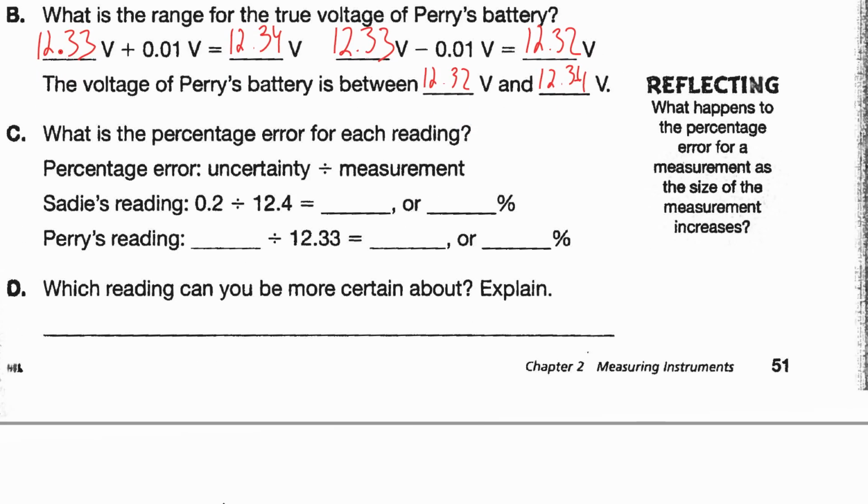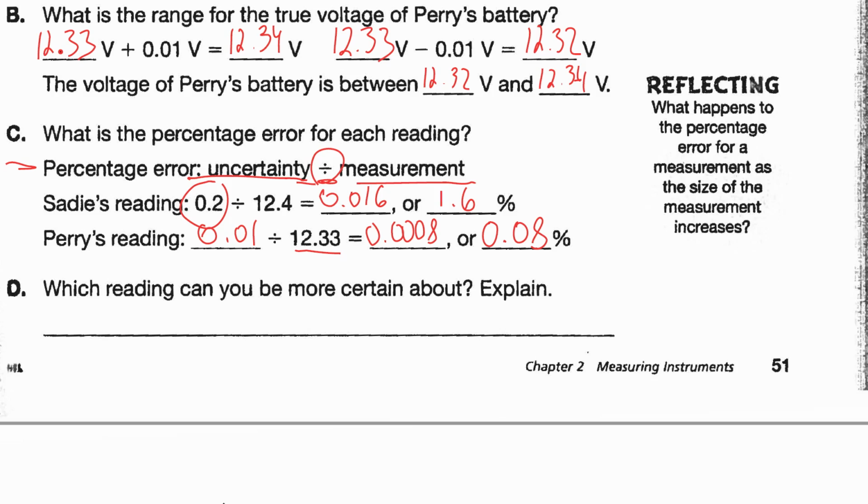What is the percent error for each reading? So percent error is uncertainty divided by measurement. Sadie's reading is uncertainty divided by 12.4, which is about 0.016 or 1.6%. Perry's, well, this one was 0.01, right? Divided by 12.33 will be 0.0008 or about 0.08%.